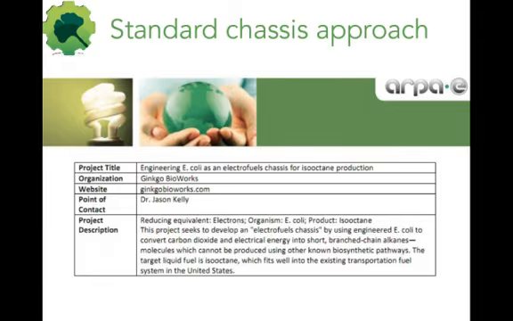This is an electrofuel isooctane, but not starting with Ralstonia, which is already good at storing carbon, but starting with E. coli, a very standard laboratory workhorse that will then be engineered to produce electrofuels.